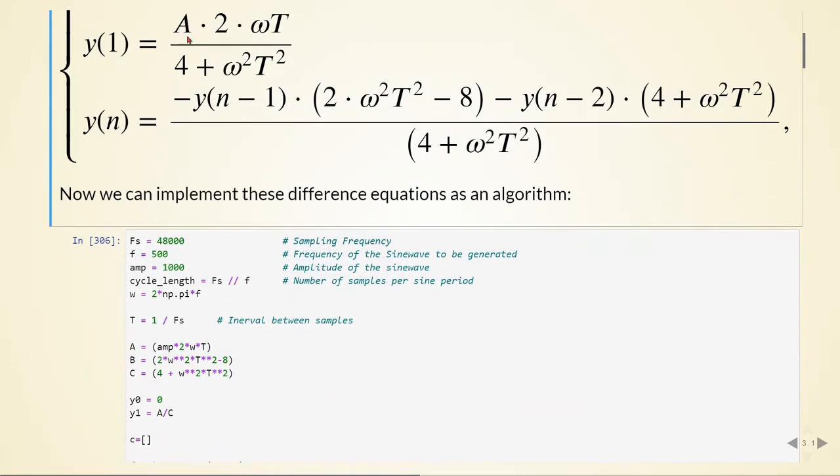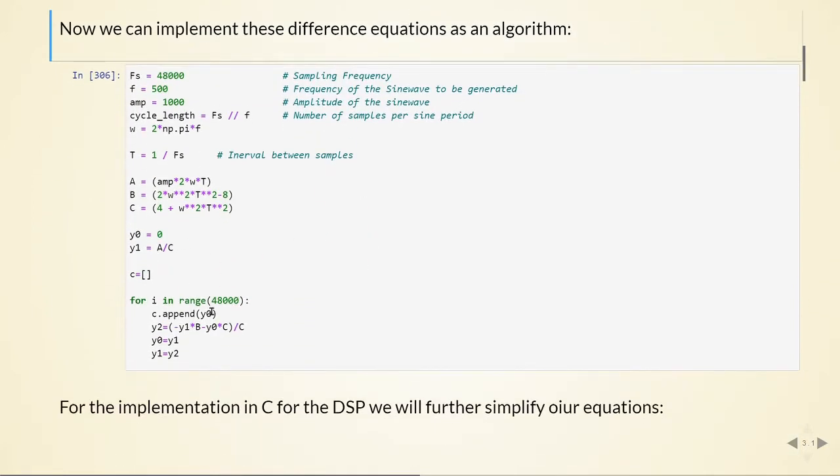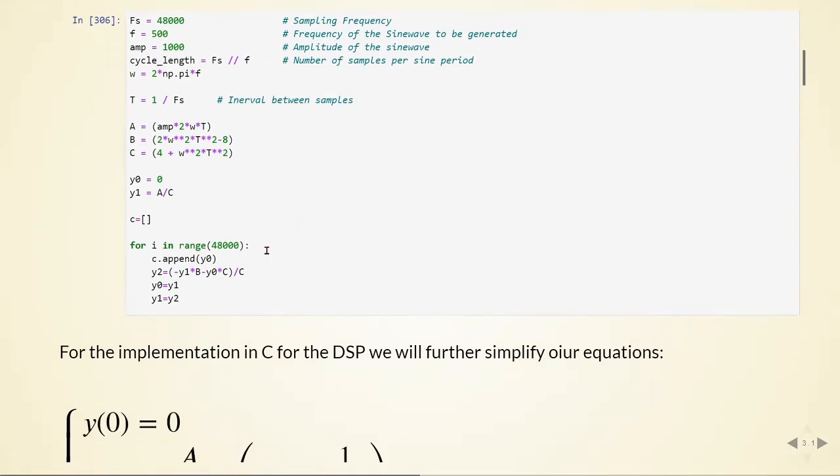So here I'm calling this the amplitude, but a is all of this, c is all of this, so we have it here. And then we will generate 1 second of a sine wave. I will start by appending the output at time n equals 0.